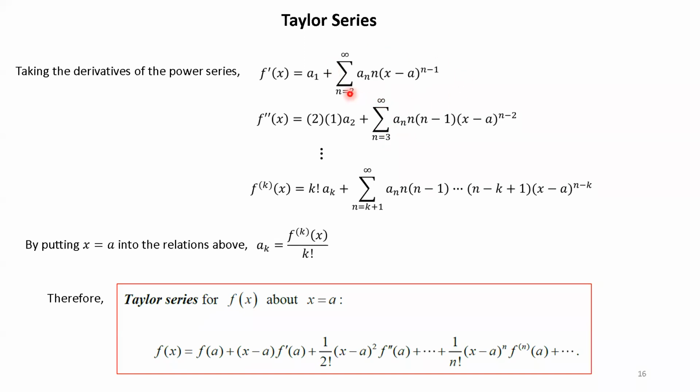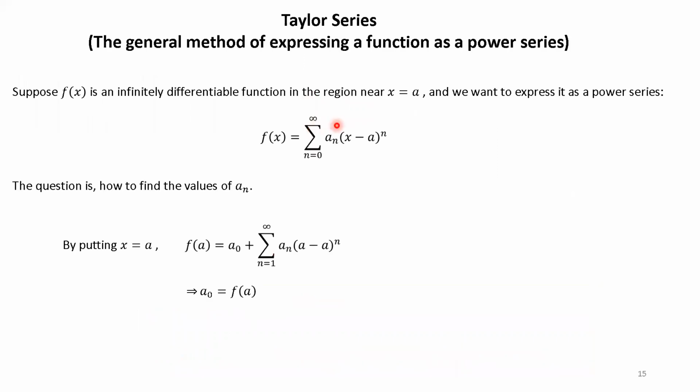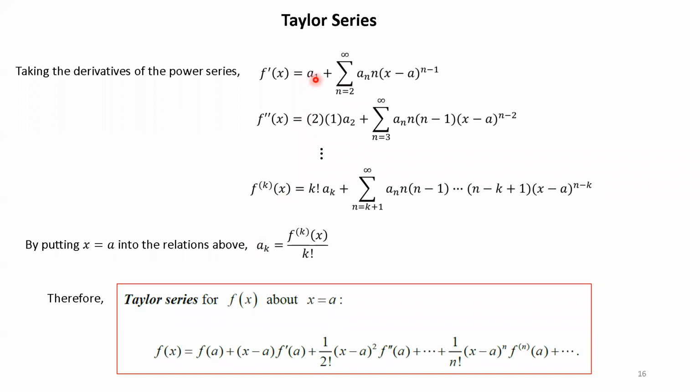In particular, for a naught, it will just be gone, because the first term is just a naught without any x term, so that one is just a constant. After taking the derivative, the a naught disappears, so the first surviving term is simply a1 over here.